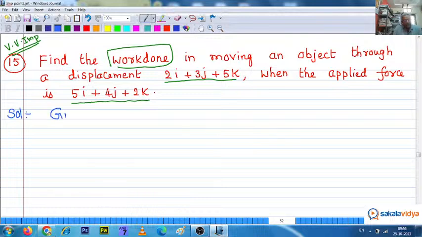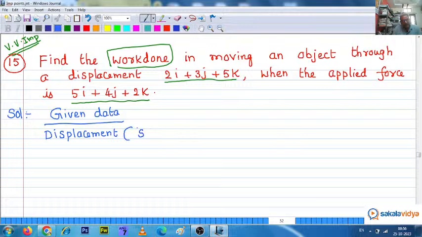Given data. So, my dear students, what is given? First, the displacement, let us say S bar, displacement vector is 2i plus 3j plus 5k, clear.